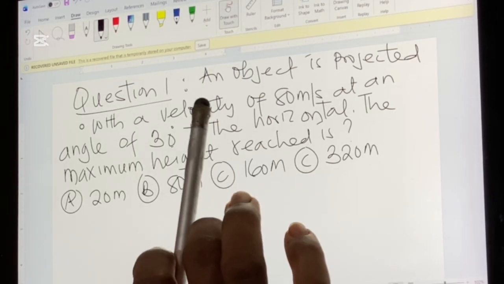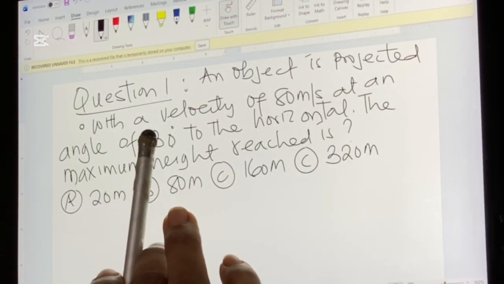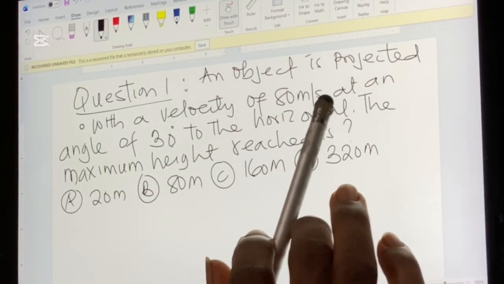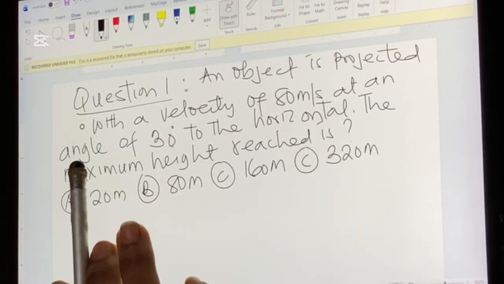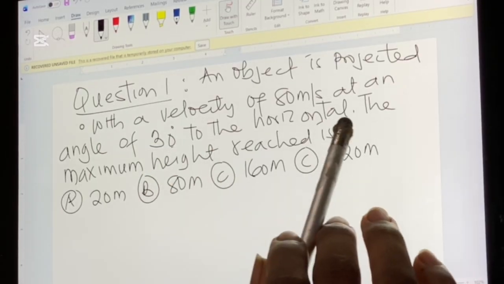They said an object is projected with a velocity of 80 meters per second at an angle of 30 degrees to the horizontal.